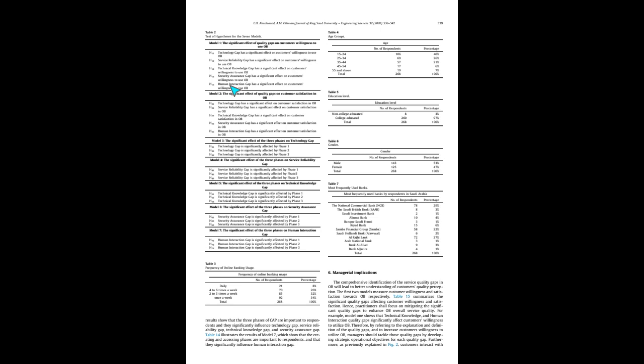The first one is in general for the willingness of OB, and the second one on the satisfaction. The third, fourth and fifth one are on the security, the human interaction, the technical knowledge. We will see also the same for the satisfaction, we are going to implement the same: the technical knowledge, the security, the human interaction.